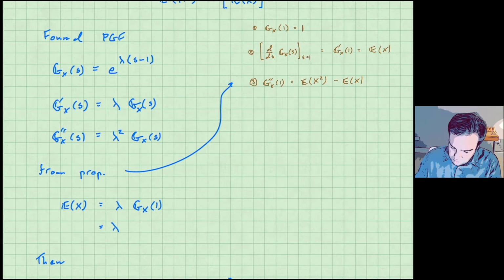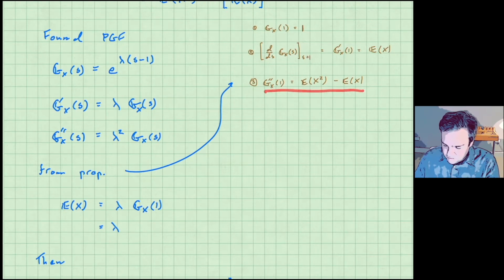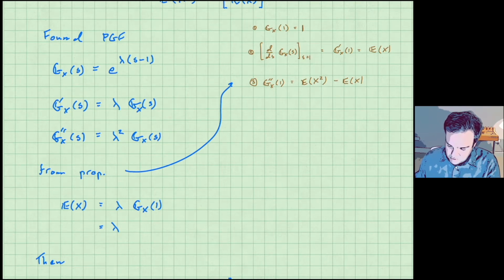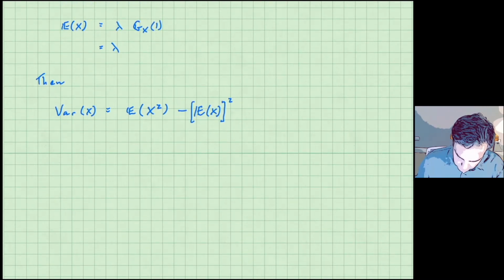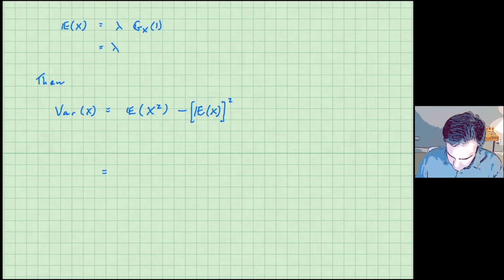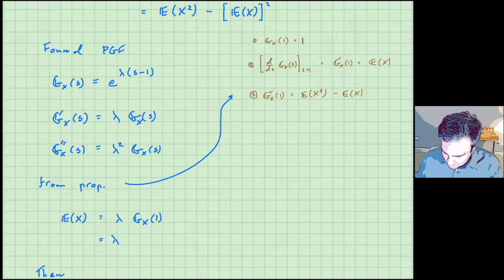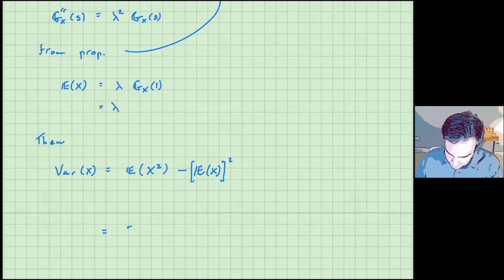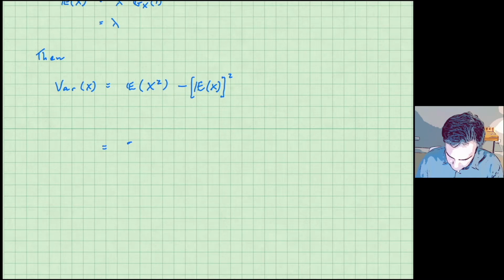And if you look at this form over here, and then just solve that for the expected value of x squared, you get the second derivative of the PGF plus the expected value, right? And so this gives us the second derivative of g, evaluated at 1, plus the expected value.